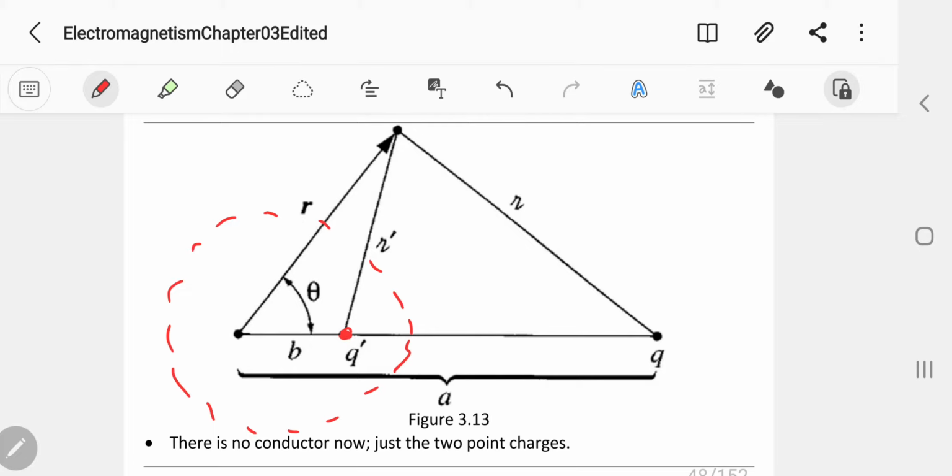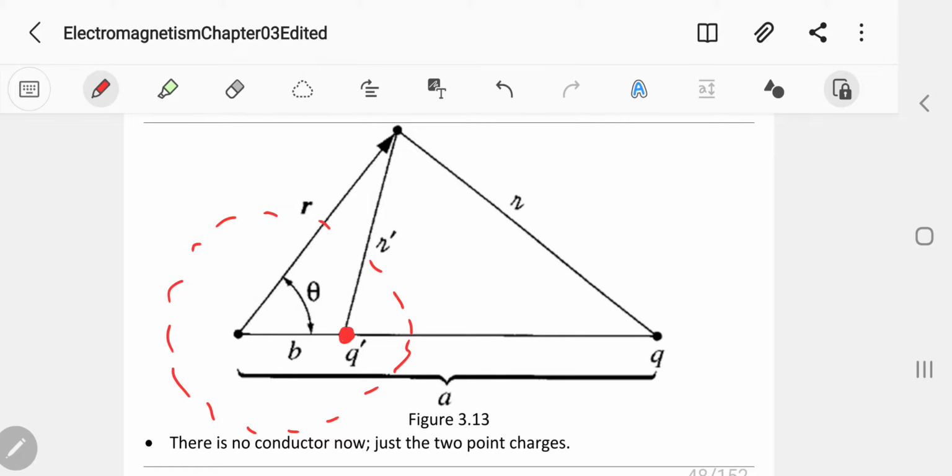In the previous example, the image charge negative Q was located at negative d with respect to the origin, so it's below the conducting plane. Here the image charge is located at this point.